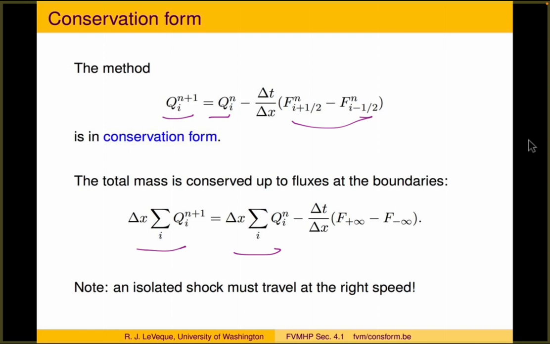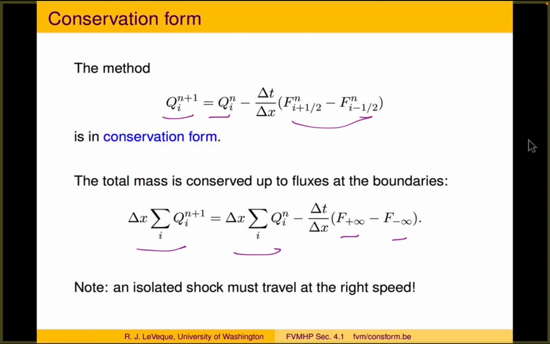When you sum all these differences in i, you get cancellation. The flux at each boundary contributes to one cell average with a plus sign and to the neighboring cell average with a minus sign, so when you add them all up, they cancel out except for the fluxes at the two boundaries. On a finite domain, that would be the flux at the left boundary and the flux at the right boundary.